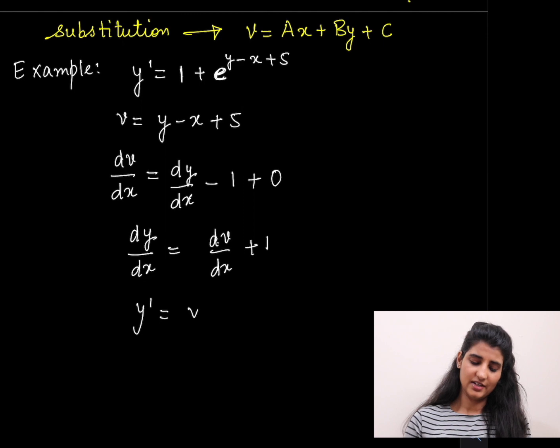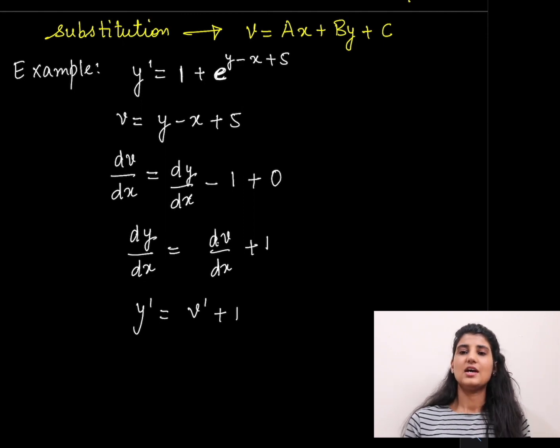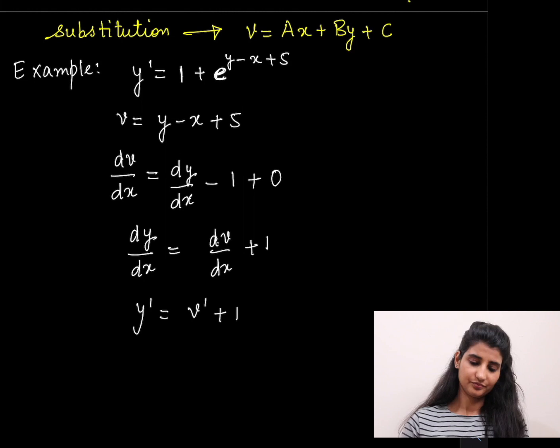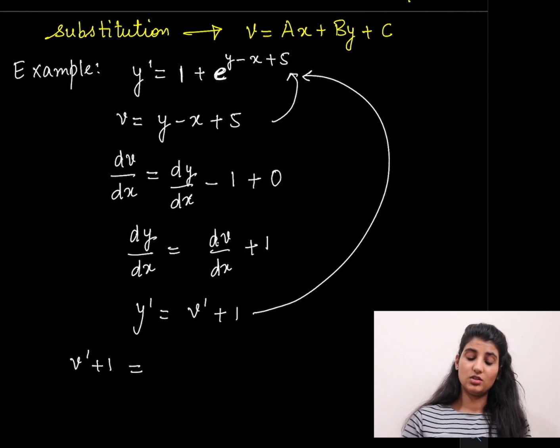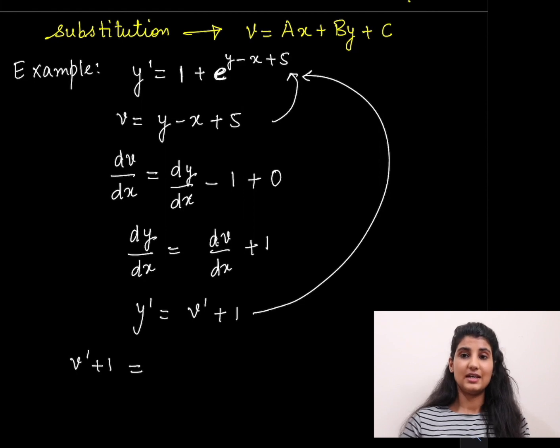We can write it as y prime equal to v prime plus 1 because our independent variable is x and we clearly know it. So let's use the prime notation. In place of y prime we put v prime plus 1. Now this equation should be in terms of v and x.